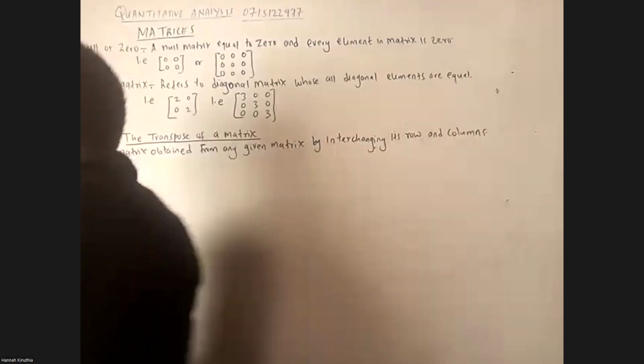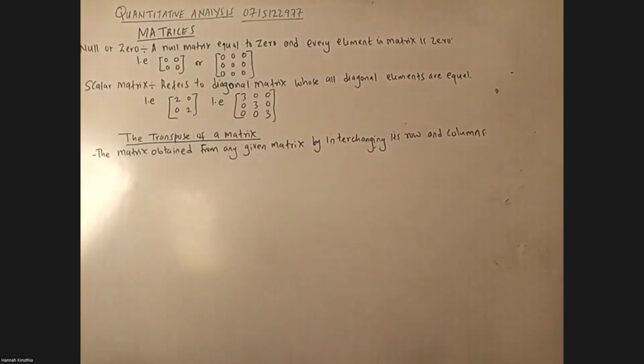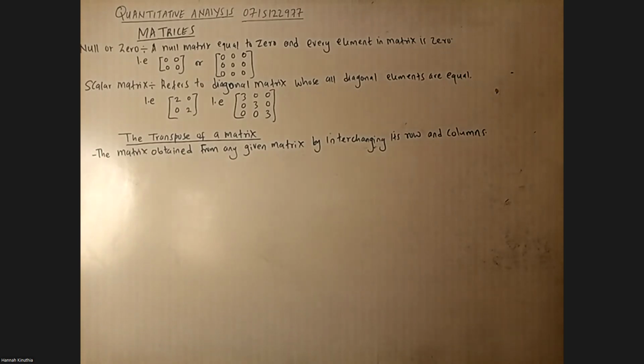So this is a form of matrix that is obtained from any given matrix by interchanging its rows and columns.